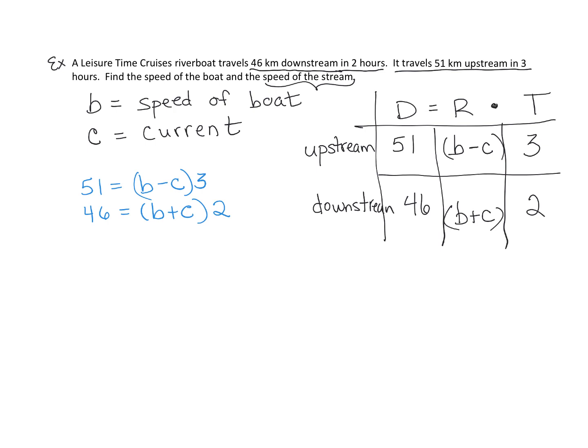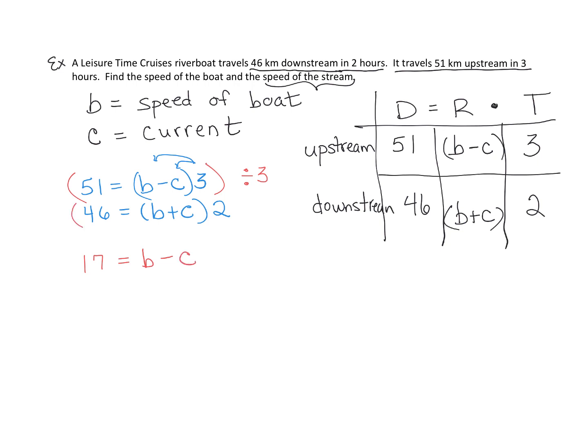So I can do a couple of things here. I could distribute the 3 and the 2. Well, I'm not going to do that because I notice that b minus c and b plus c, if I add those together, the c's will go away. So I'm going to actually take this equation and divide everything by 3. That's going to give me 17 equals b minus c.